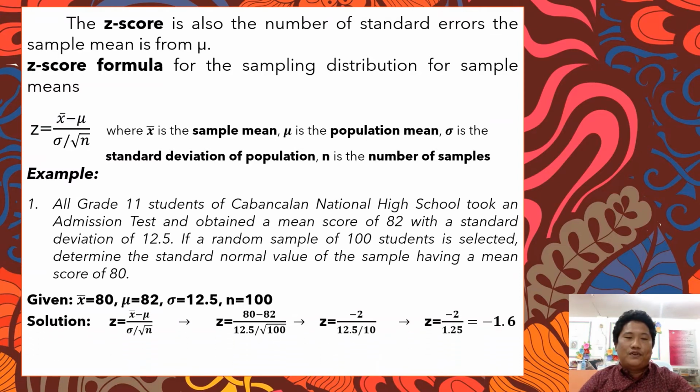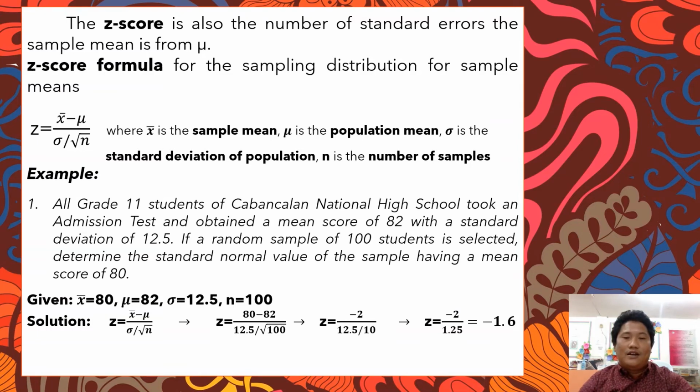Then for the solution, we just use the formula z equals the sample mean minus the population mean, all over the standard deviation divided by the square root of the sample size. When we substitute, we have 80 minus 82 over 12.5 divided by the square root of 100. So 80 minus 82 is negative 2, over 12.5 divided by the square root of 100, which is 10.